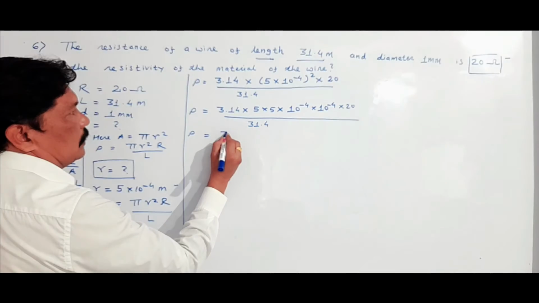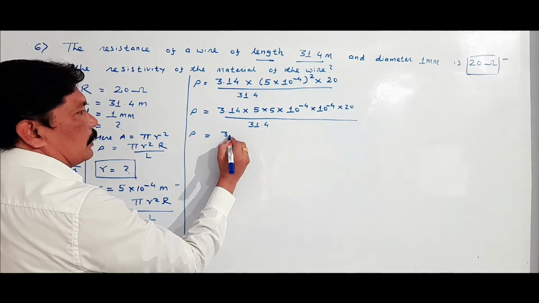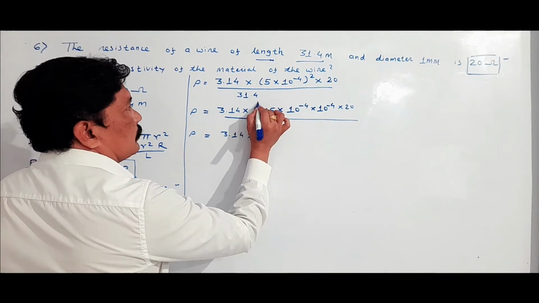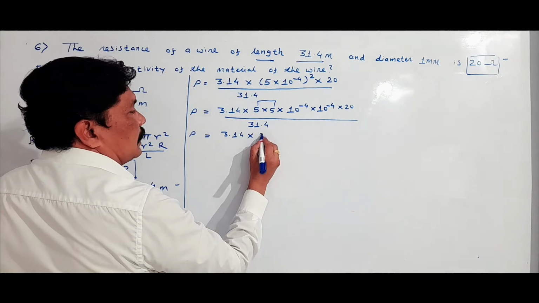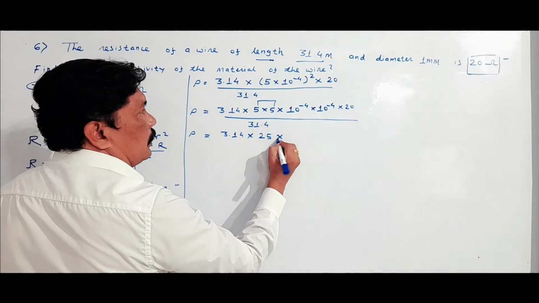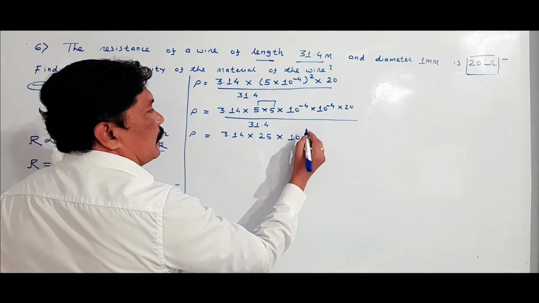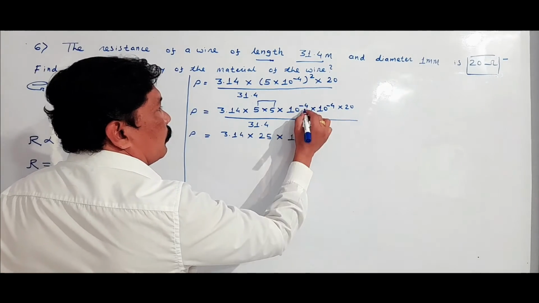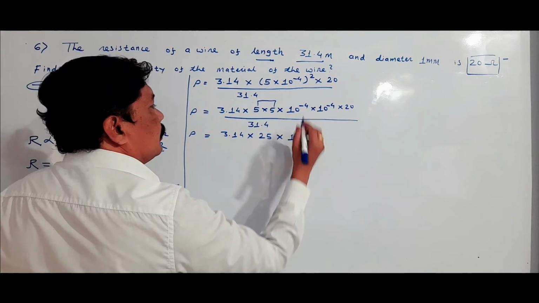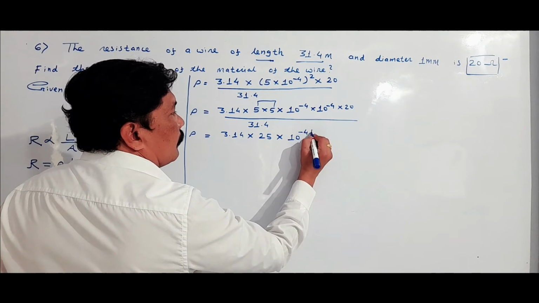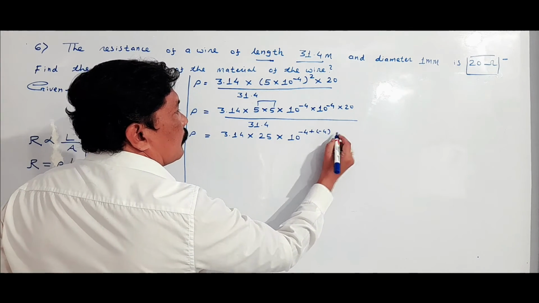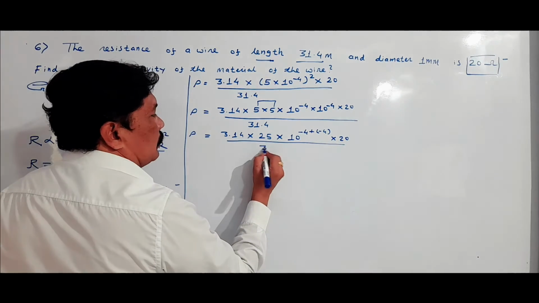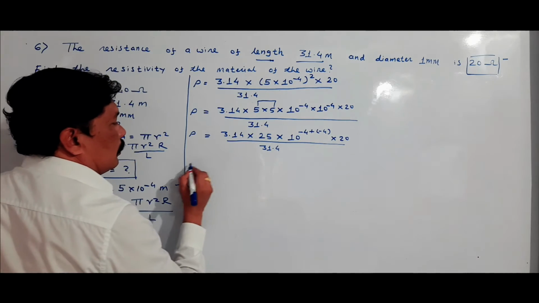Resistivity of a material is equal to 3.14 into 5 into 5, 25 into 10. We have to add the power, 4 plus 4, into 20 upon 31.4.